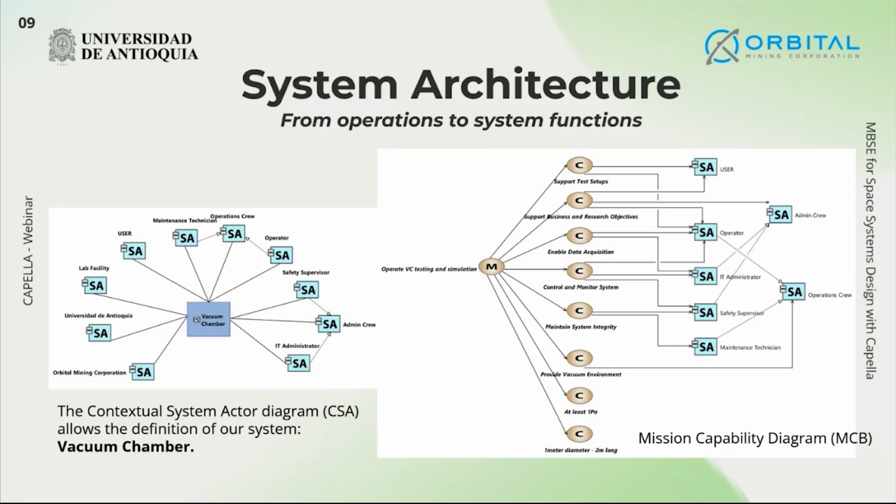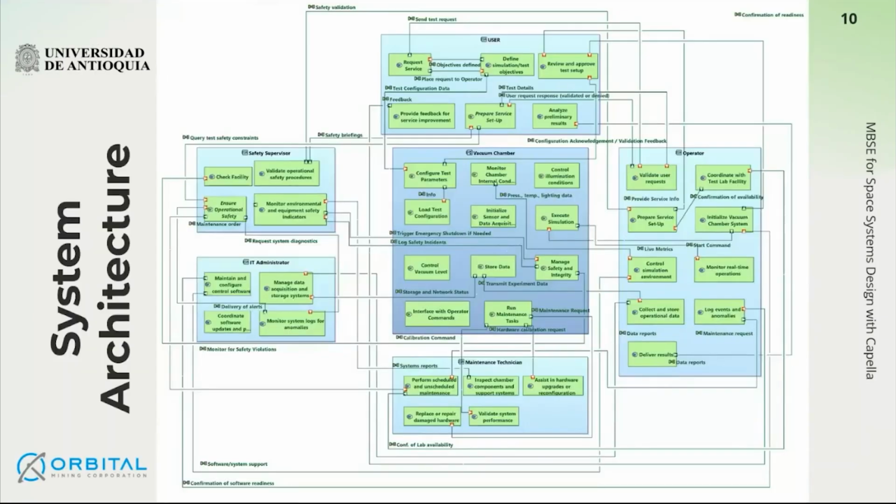So here we have the CSA, the contextual system actor diagram, and on the right side we have the mission capability diagram. The key system functions, such as vacuum generation, experiment control, data acquisition, and safety management, were identified and then allocated.